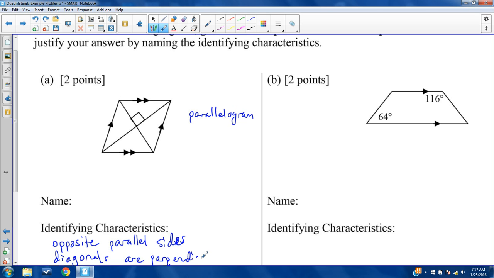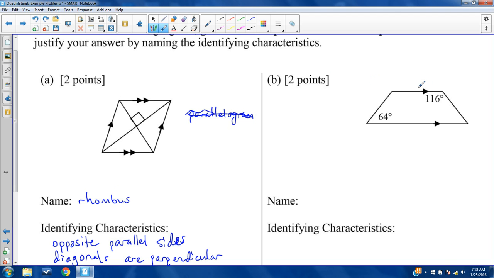And in a parallelogram whose diagonals are perpendicular, that's actually one of the properties for a rhombus. This is most specifically the name I could give it. If anything more specific, I could have given it square, but I would have to have all right angles here or diagonals congruent or something like that. That's most specifically what I could give it, and for that reason.